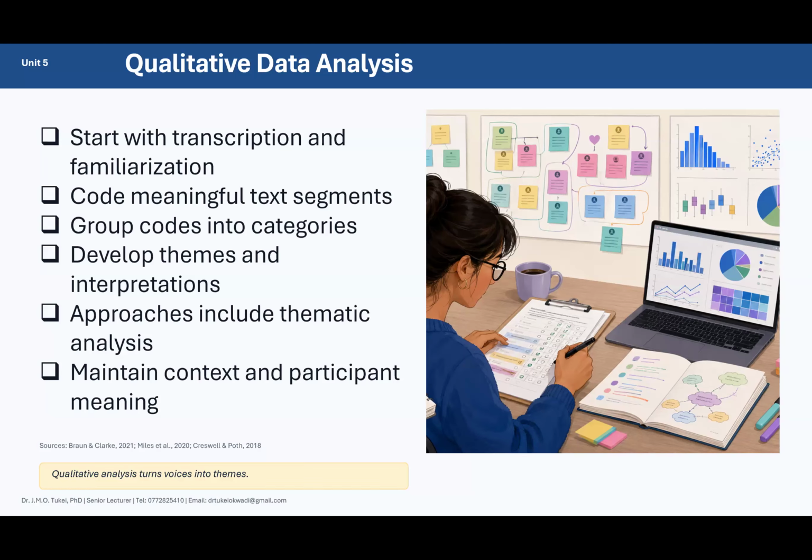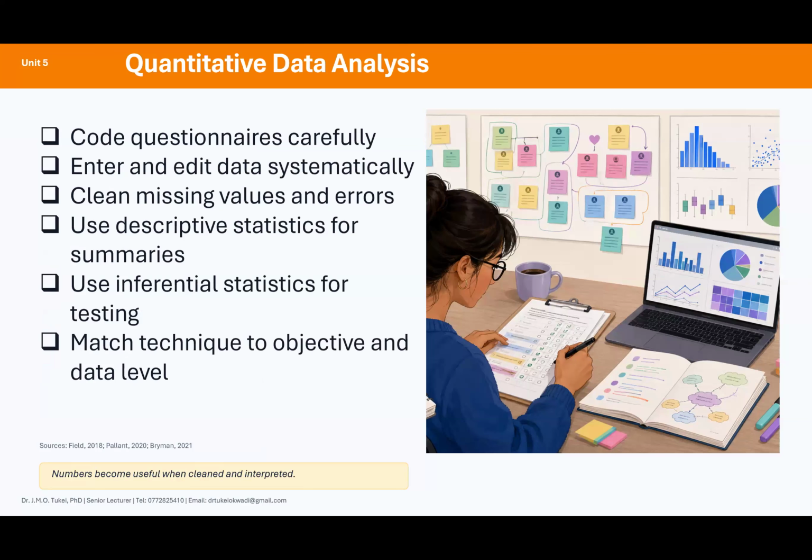How can a qualitative researcher reduce personal bias during coding and interpretation? The key message here is qualitative analysis transforms participants' voices into defendable themes and explanations. That's very important. Now let's look at quantitative data analysis.